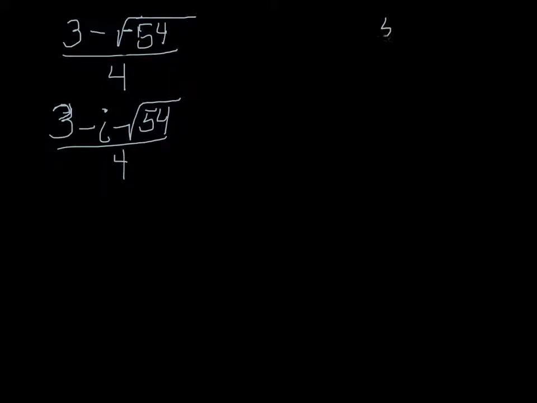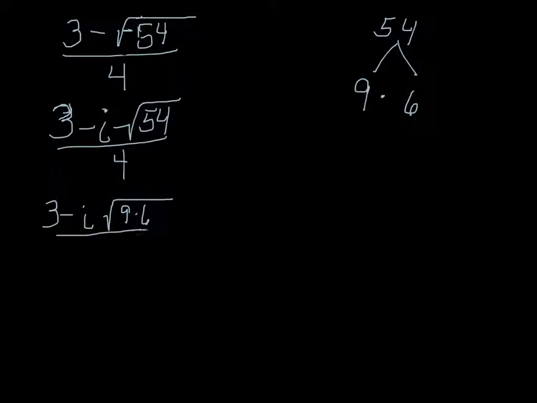So we're going to go to our factor tree. You don't have to do a factor tree, but if you choose to, by all means, please do. So what are some factors of 54 that we know? Well, I know, and I hope you do too, that 9 times 6 is 54. So if we rewrite this as 3 minus i in the square root, notice underneath what we have at the moment is 9 times 6 all over 4.